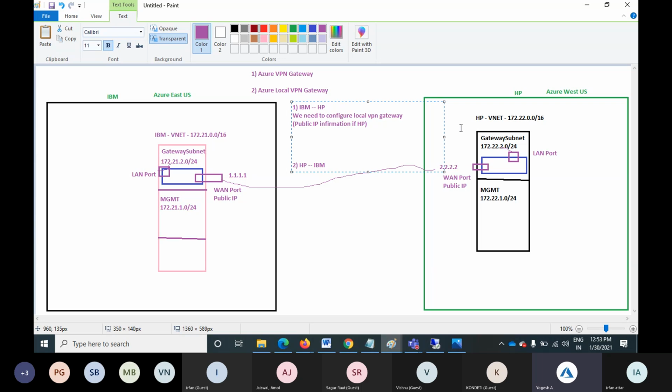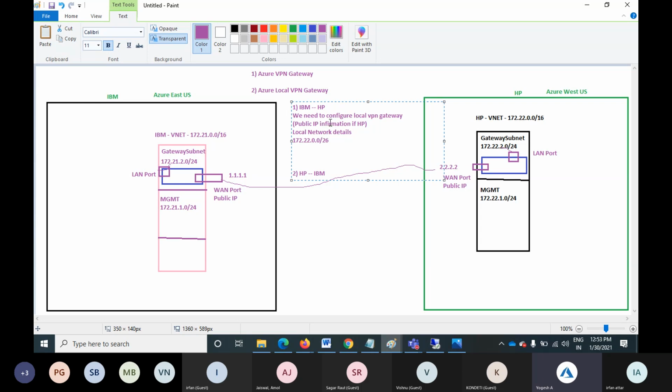This is the first requirement, right? And second, during the connection creation, we should have the local network details. So what is the local network of HP? 172.22.0.0/16.